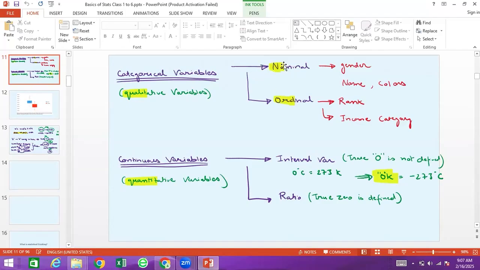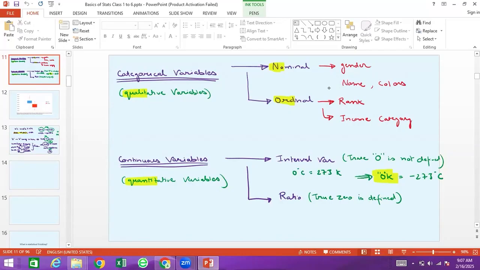Nominal means no order. Similarly, ordinal means that there is an order in the variable. So, for example, gender, name, colors, they don't have any order in themselves. On the other hand, your rank in a military, or let's say ranking in a race, do have an order in it.